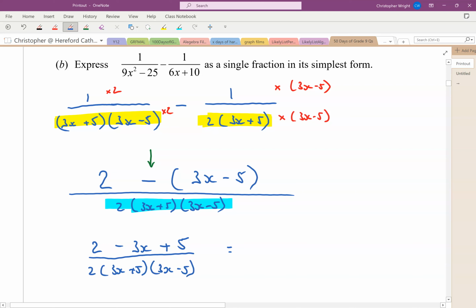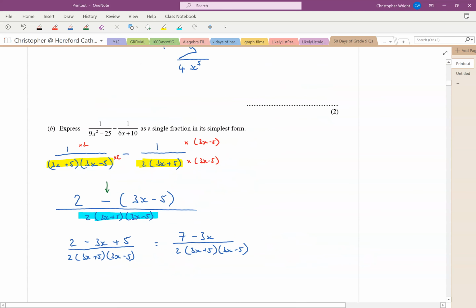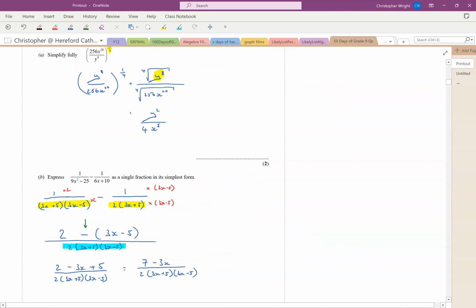So that is going to be 7 minus 3x over 2 lots of (3x plus 5) and (3x minus 5). Now, yes, you could multiply out those brackets on the denominator, but you don't need to. You'll get full marks for that answer there. And that is question 3 sorted.